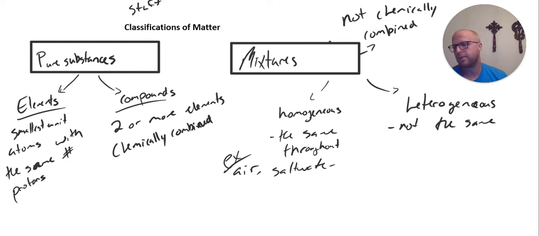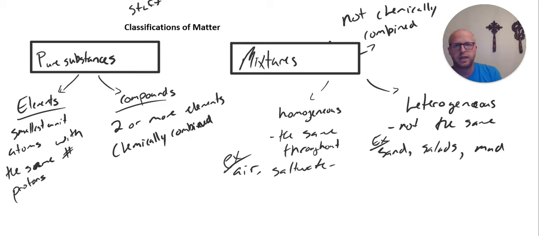Some examples of that would be sand, the mixture we had the other day in lab where you could see individual parts of it, salads, where you can see the leaf and the ranch and the tomato, and mud, where different aspects of the mud would be different. Those are some examples of a heterogeneous mixture.